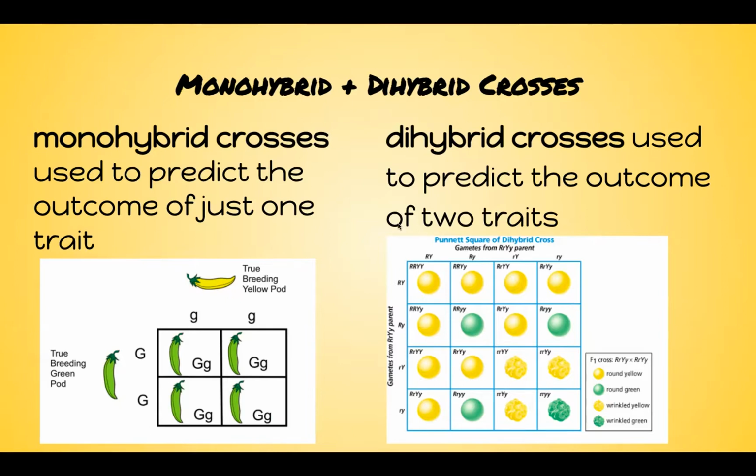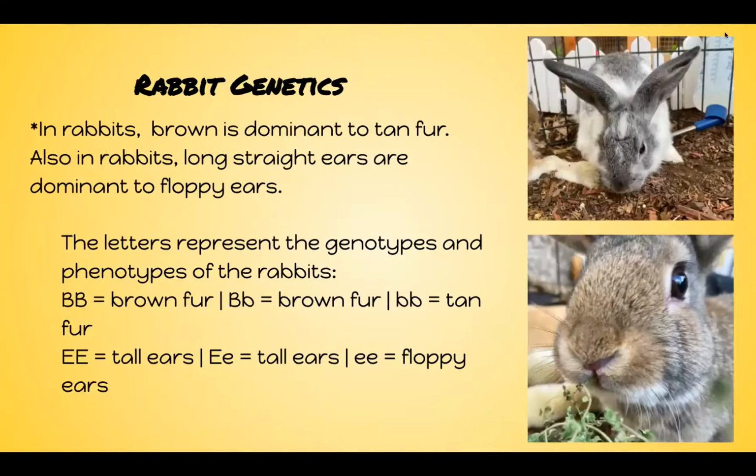Okay, so like I said, we're going to use Peanut Bunny as the hypothetical bunny daddy, and we are going to try and predict him mating with another bunny and looking at two traits: tall ears or floppy ears, and brown fur or tan fur.